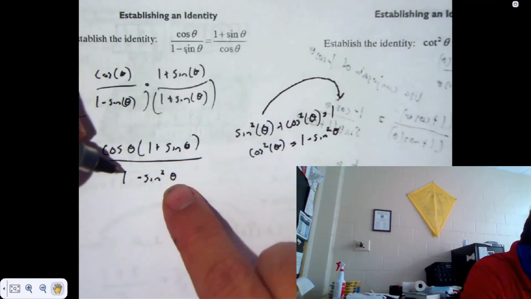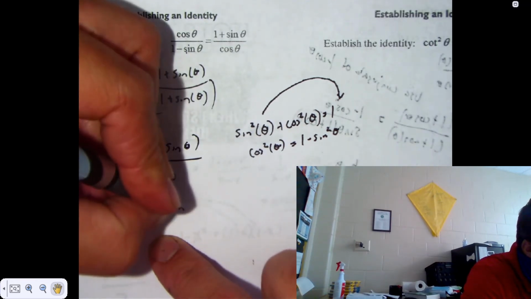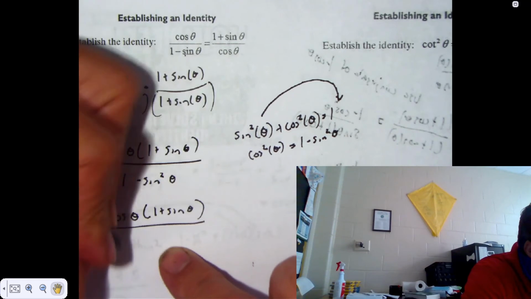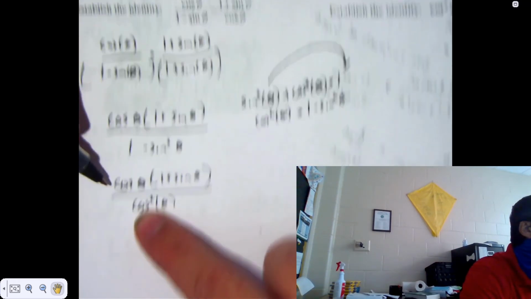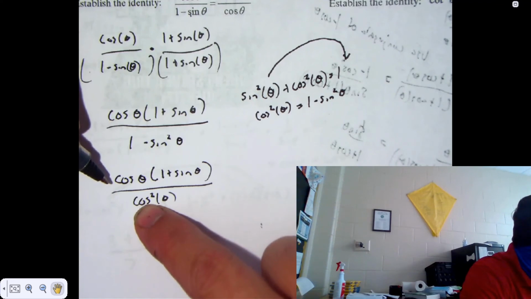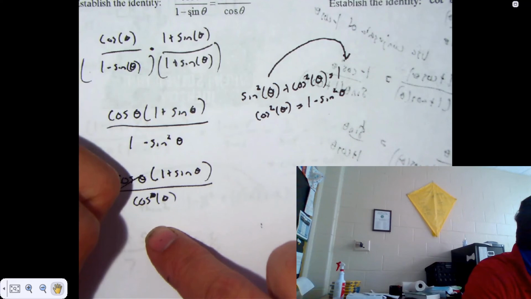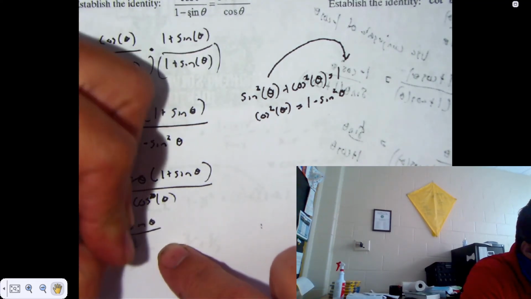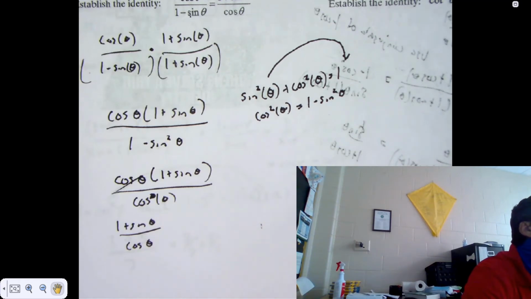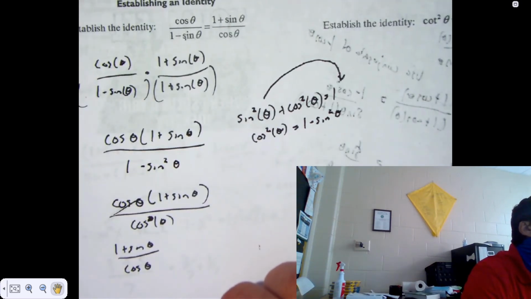So that means this piece is really just a cosine squared. And I know that we talked about how to handle this yesterday. Throw that away and throw that away. And there you go.